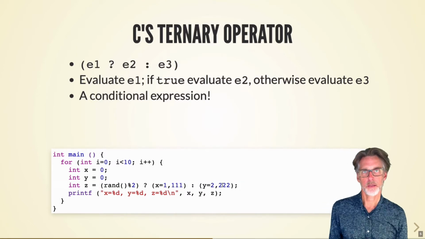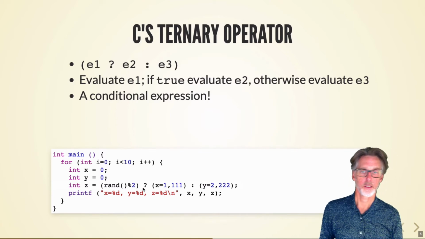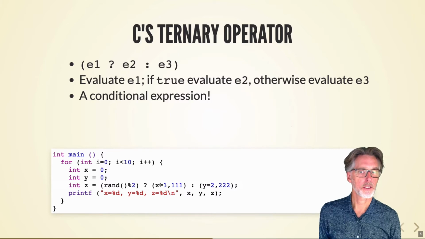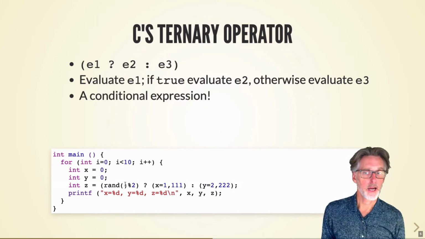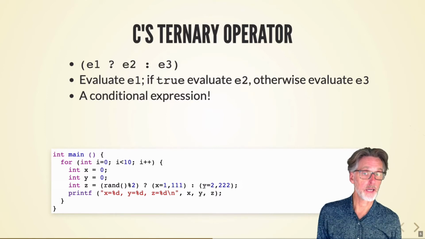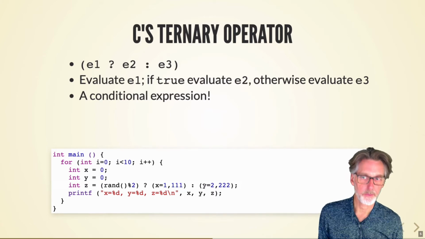So this expression here can tell us whether or not the ternary operator in C is indeed strict or not strict. Because if it is strict, then every time we assign Z, we will be updating both X and Y, because we'll be evaluating both of these expressions. If it's non-strict, we'll only be updating one of them.